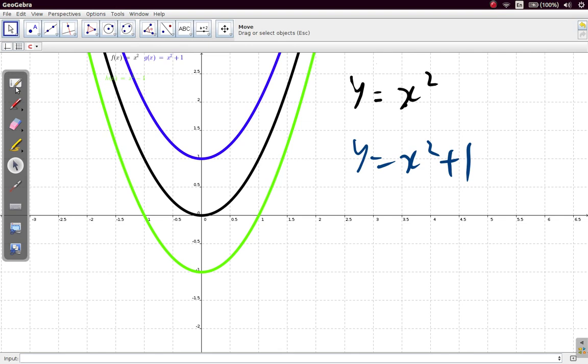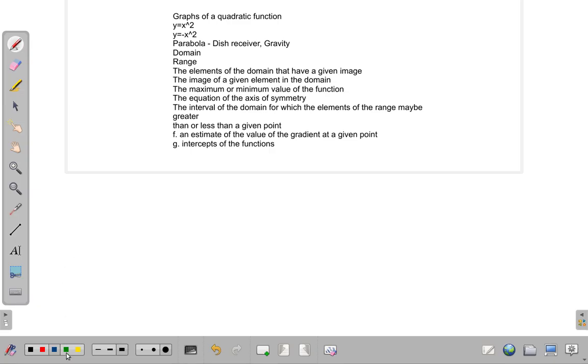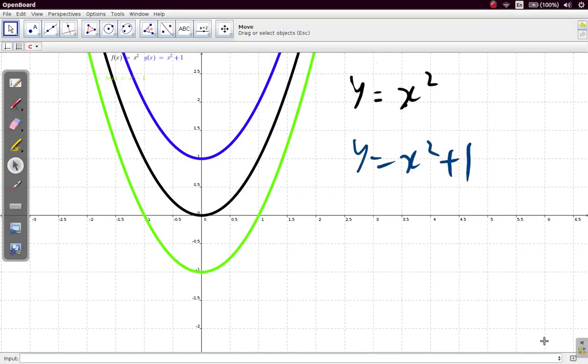Let's write the equation of it in green, since we have the line in green. So the green graph is really saying y equals x squared minus 1. So every point of x squared moves down 1 unit. So that's what we have.